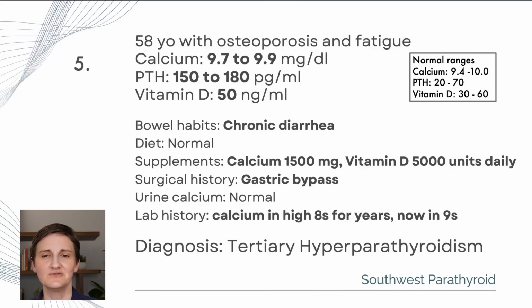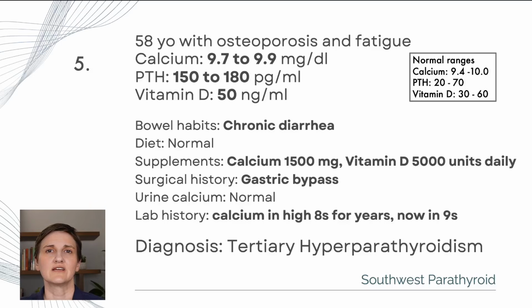This is due to long-standing secondary. There's a reason I haven't mentioned it. This is kind of an unusual situation, but long-standing secondary that then develops into a tertiary picture. So usually we're talking about dialysis patients. Dialysis patients develop secondary hyperparathyroidism that can get quite severe. Once they get a transplant, things can normalize.